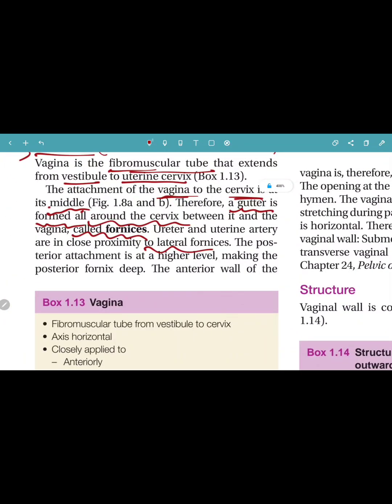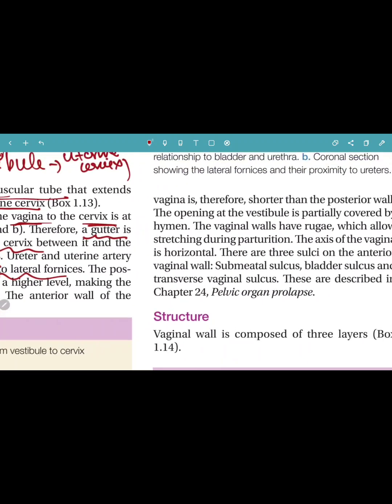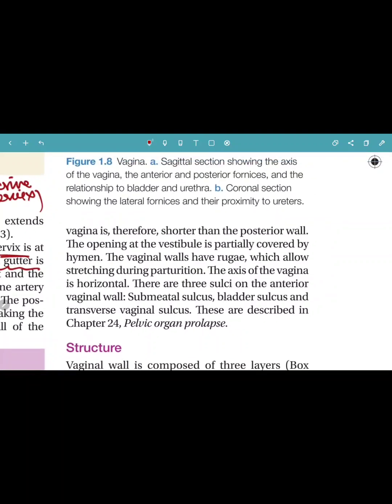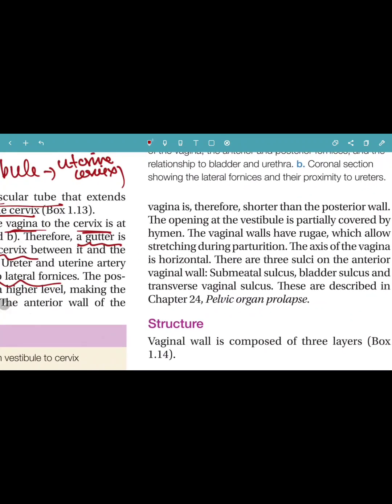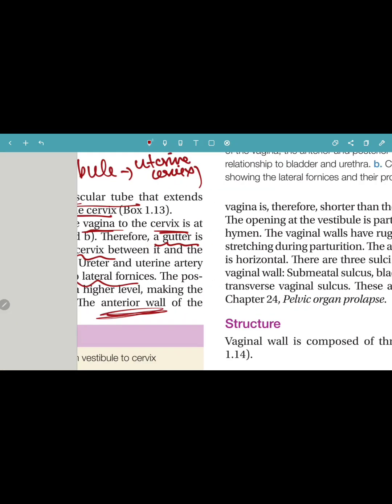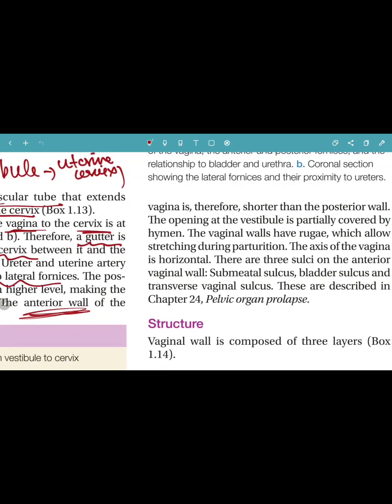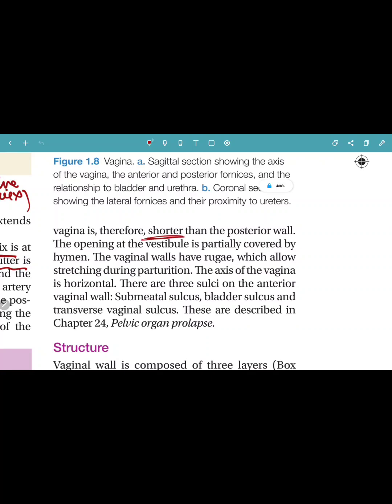Now, the posterior attachment is at a higher level, making the posterior fornix deep, and the anterior wall of the vagina is therefore shorter than the posterior wall. That is why the anterior wall of the vagina is always shorter than the posterior wall.